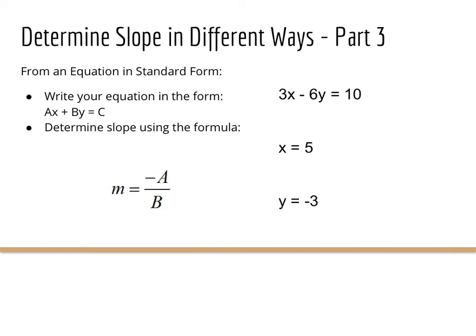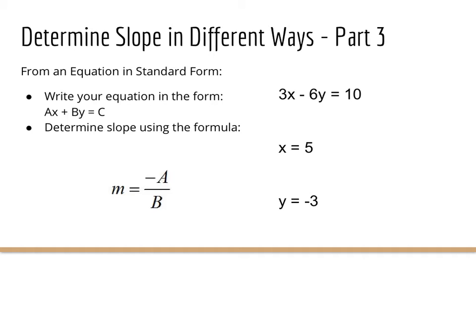Now, this third way is actually a really convenient shortcut if you're given the equation of a line, specifically an equation in standard form. From an equation in standard form, which is ax plus by equals c, a number times x plus a number times y equals a number, we can determine the slope just by using this formula here. m equals negative a over b. Remember that a is the coefficient of x and b is the coefficient of y.